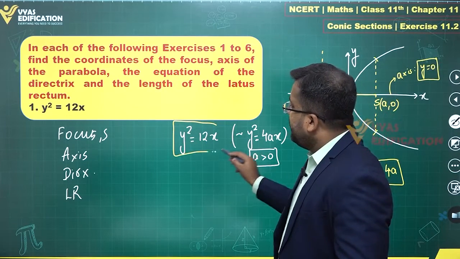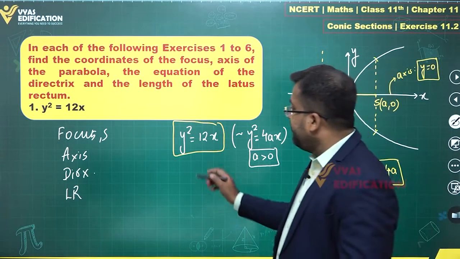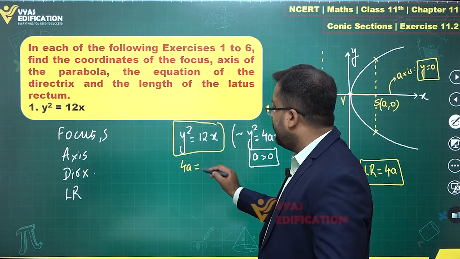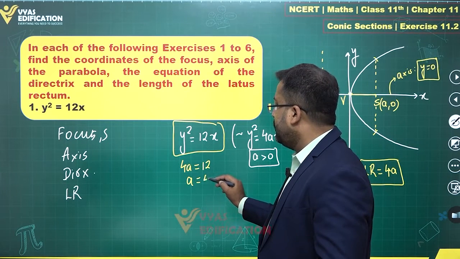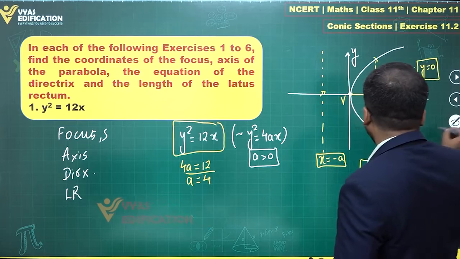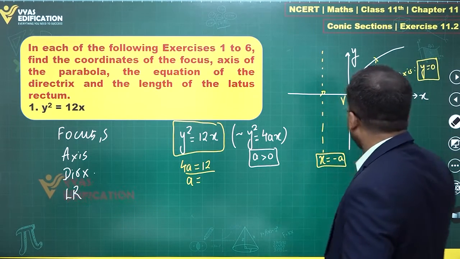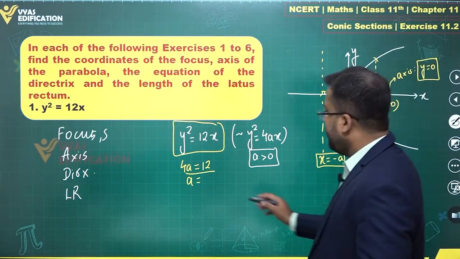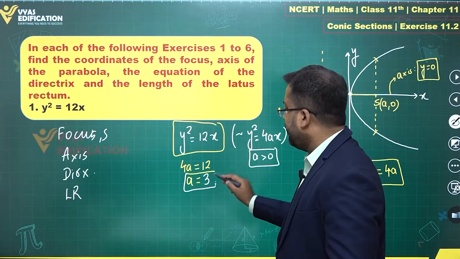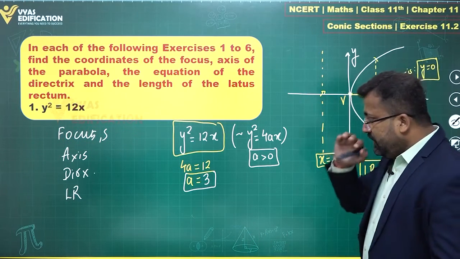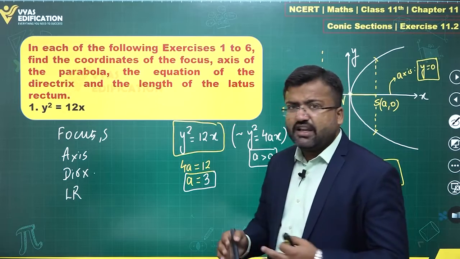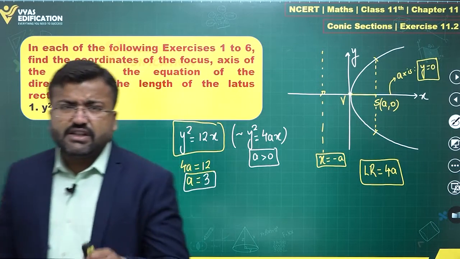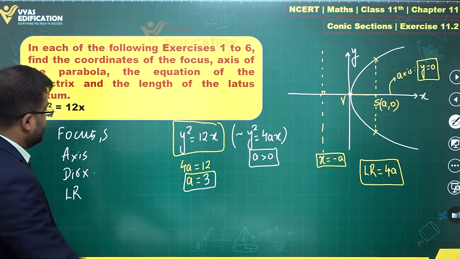So once you are given this particular parabola, you can identify that 4a is equal to 12. That tells me that a is equal to 4. Sorry, a equals 3 by comparison with the standard parabola. A equals 3. That's what you can observe, right? Once you have observed a equals 3, can you see that focus will be simply a comma 0.